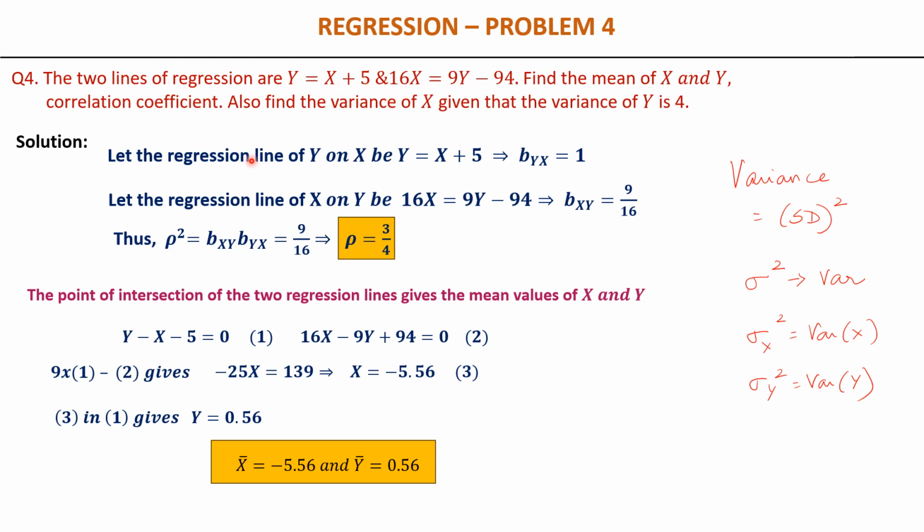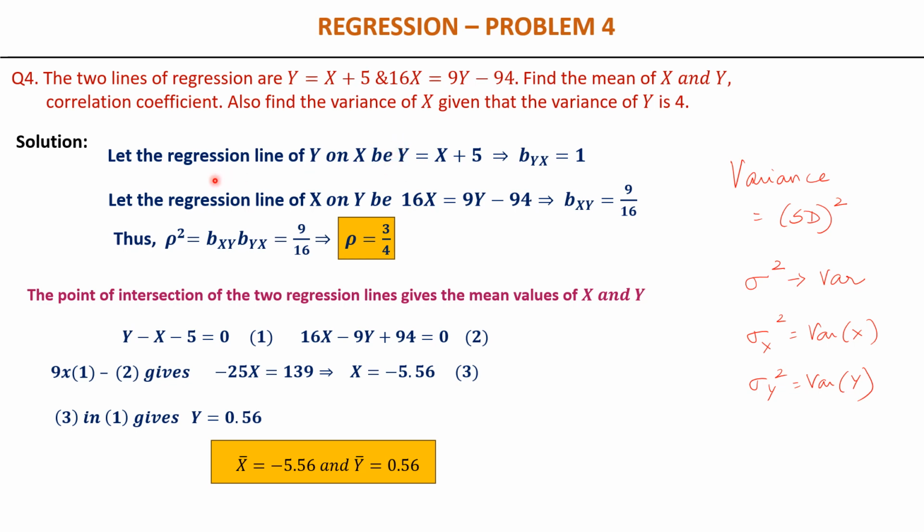I have chosen the regression line of y on x, because I have y on the left hand side, to be y equal to x plus 5. When the equation is of this form, where y depends on x, the slope of this line, which will be byx, is the coefficient of x when the coefficient of y on the left hand side is 1.